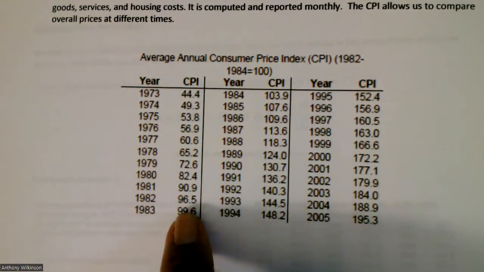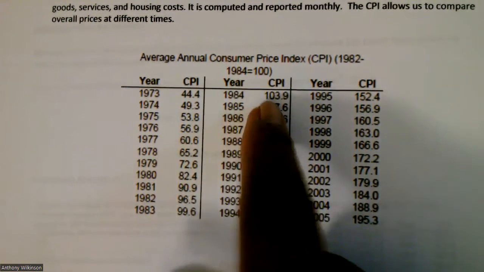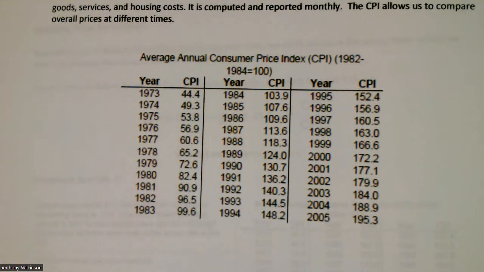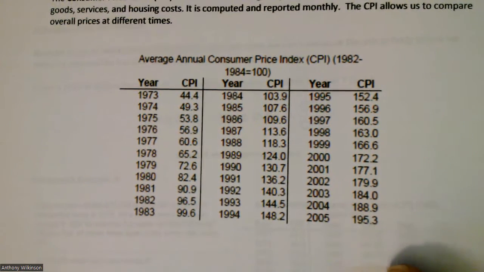Because if you look at 1982, 1983, and 1984, pretty much if you take the average of those CPIs, that's going to be approximately 100. And also in the examples that we'll be doing here, you'll have that table to refer to.